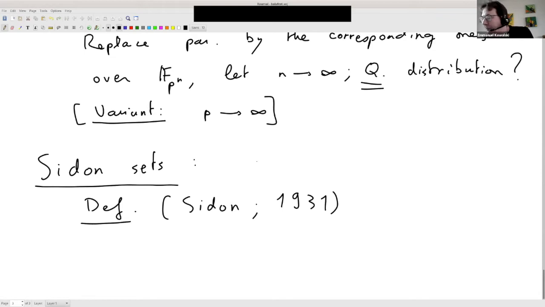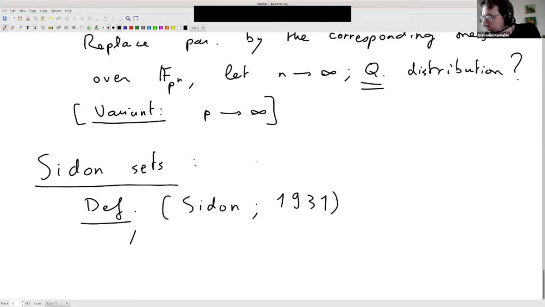So in a paper from 1931, in order to prove a nice result on Fourier series of periodic functions, Sidon used certain sets of integers. He used basically powers of a fixed integer at least 2. But then at the end of his paper, he observed that what he used of this set is a very simple property, which is satisfied by other sets, including much denser ones.